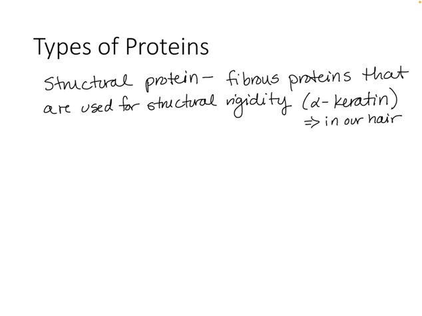What else? Let's see. Then we have enzymes. And I'm sure you've heard about enzymes before, either in general chemistry or earlier in organic chemistry, or in your bio classes. So enzymes are biological molecules that help catalyze different processes.